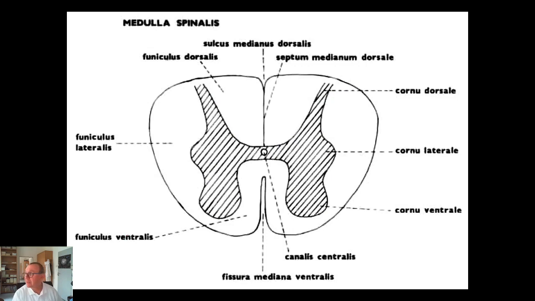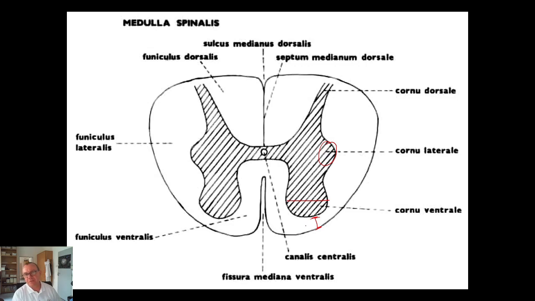This gray matter butterfly has got ventral and dorsal horns, and sometimes, mostly in the thoracic region, also lateral horns. Ventral horns are wider, thicker, and don't reach the surface.